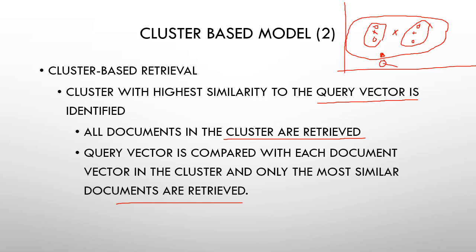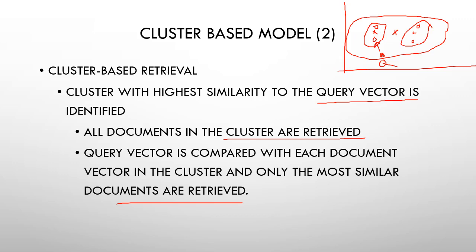We find that document number 4 is the closest to the query. So now document number 4 is retrieved. Now why should we use the cluster-based model?